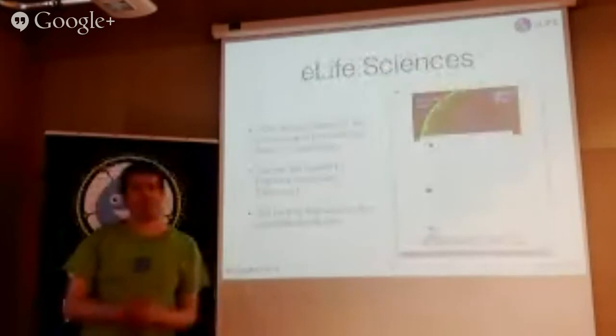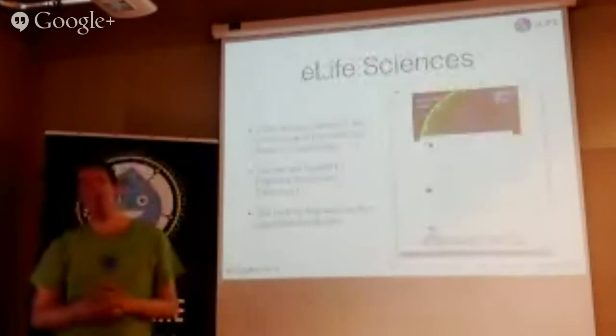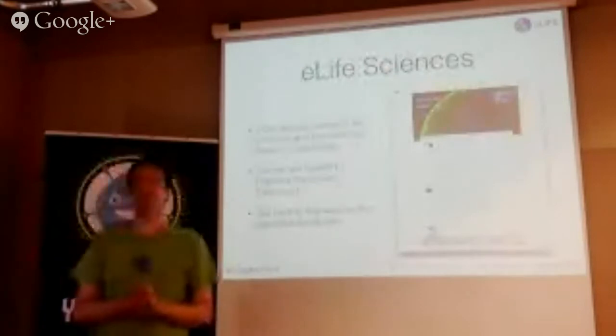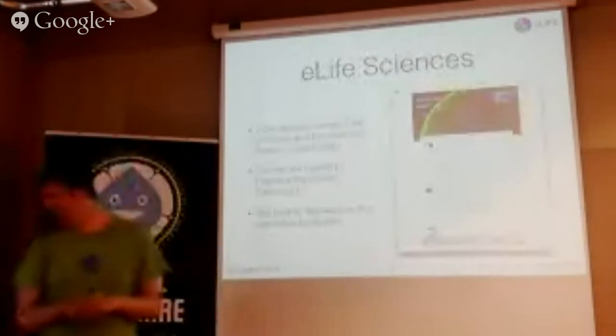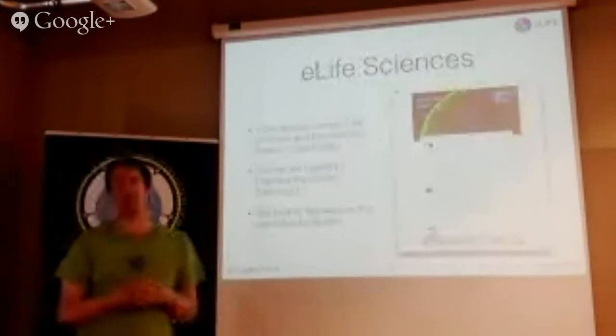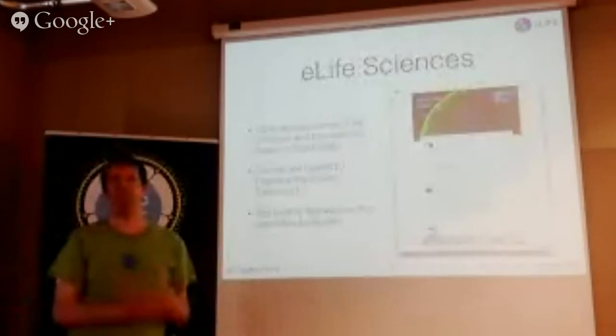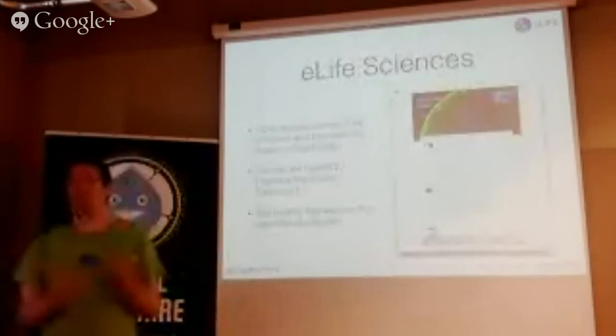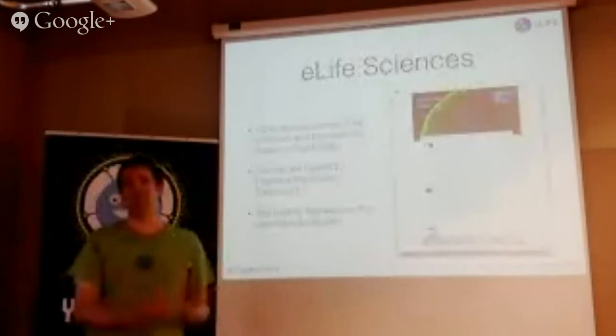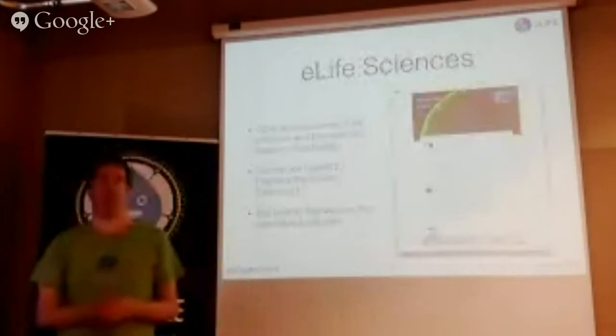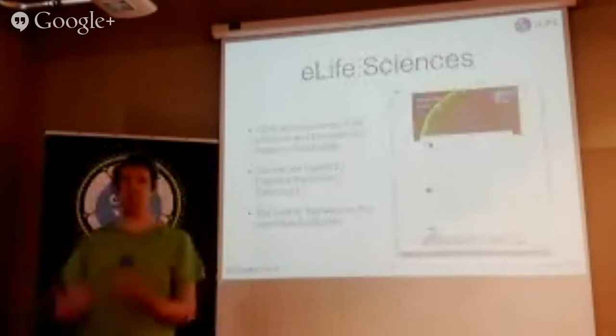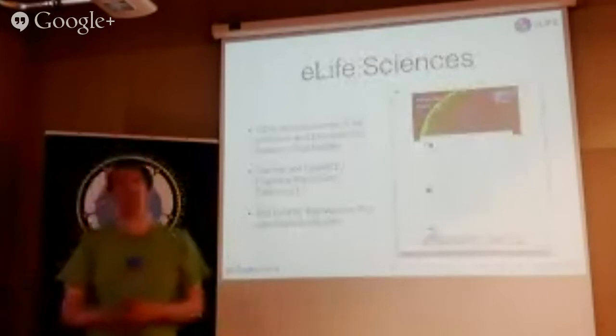So eLife Sciences is an open access journal. We publish under the Creative Commons license, and it's hosted by a company called Highwire Press, and they're based in San Francisco. So all our releases are done by them, and we present them as pull requests. We'll see what a pull request is if you don't know.